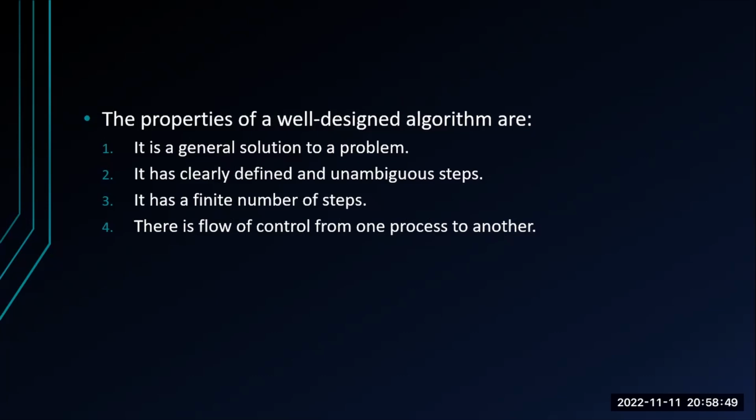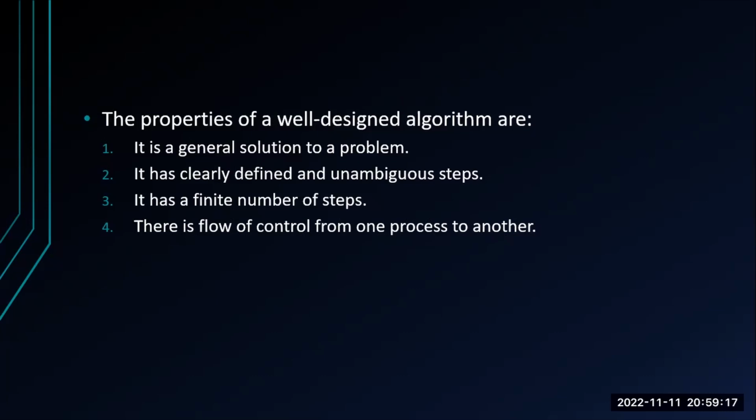Number 2, it has clearly defined and unambiguous steps. This is because, despite people saying that computers are quote unquote smart, they aren't necessarily smart. They can't infer what we mean from what we have written down like humans can.